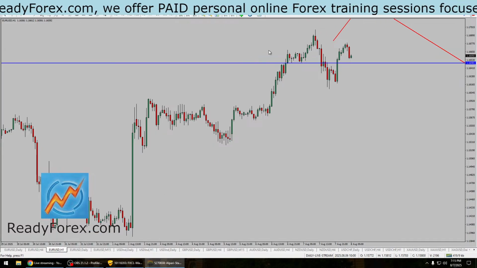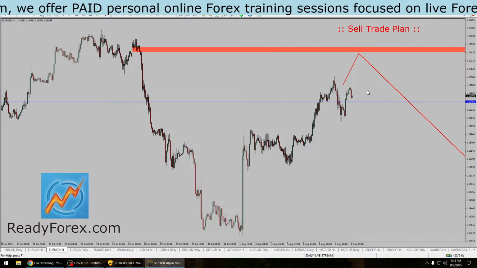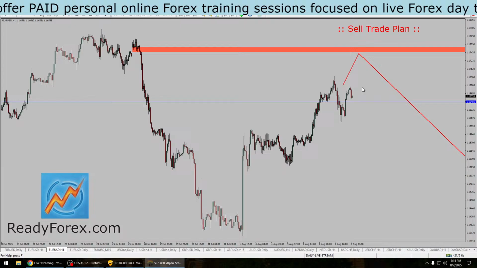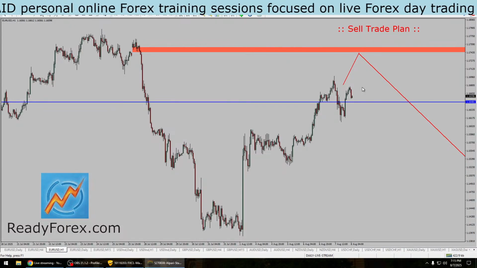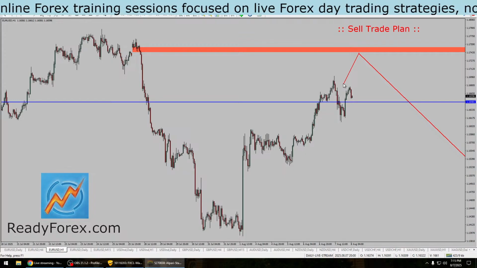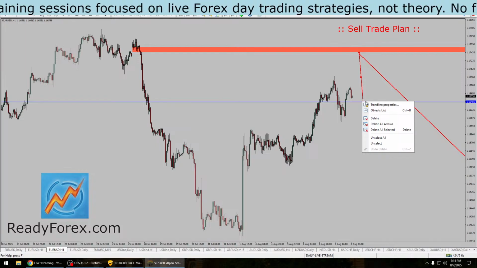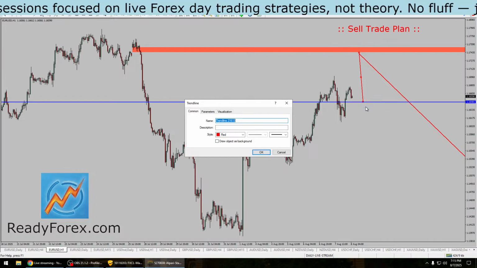If I zoom in a little bit, the plan for the dollar is to go here and wait for the upside.